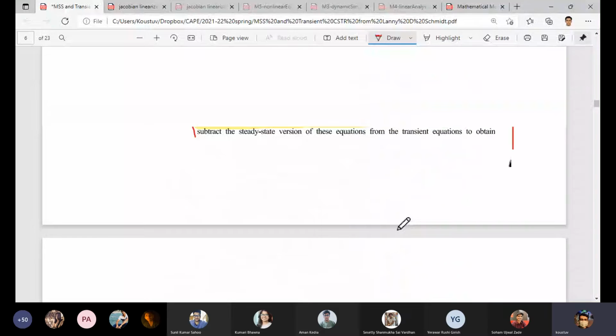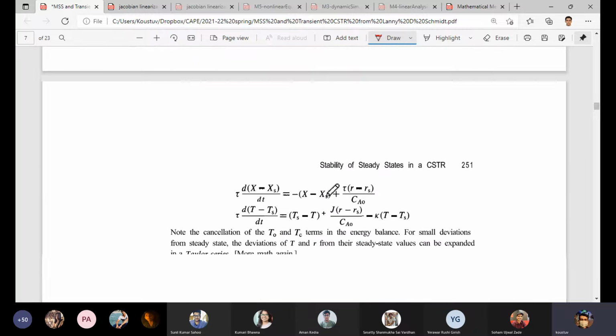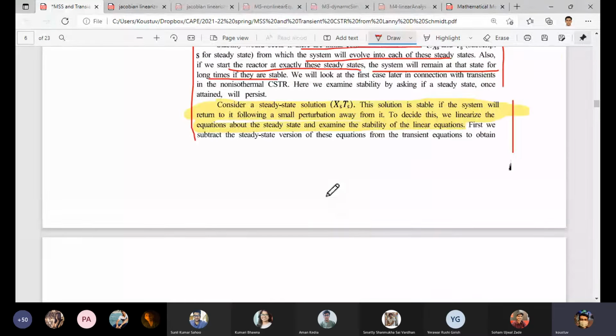In the same way, we can do it with respect to these two terms, and we can see that both terms have this nonlinear rate, because it has the k term, which is a function of temperature, and it has exponential minus E by RT. So in this case we will also define steady state values xs or Ts, and then define steady deviation variables, right? That is exactly what we have done here: we considered a steady state solution, and we want to see whether it is stable or not by slightly perturbing it.